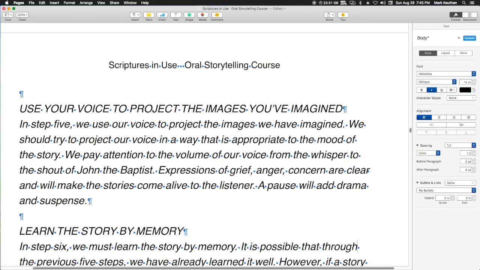People would come in close, and you had to project in such a way that even a whisper could be heard to the back of that crowd, however big they were. In some cases, it was thousands of people. And so you have to use your voice in a way that is appropriate to the mood of the story.